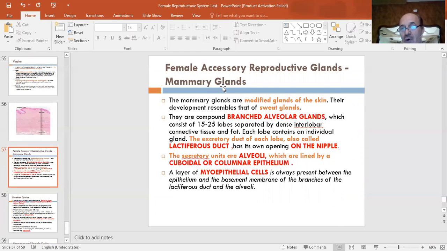The accessory organ in the female is the mammary gland. The mammary gland is a modified type of sweat gland in the skin. And as I said before, the same hormones that affect the development of the oocytes as well as the endometrium also affect the growth of the glandular tissue in the mammary gland in the female.